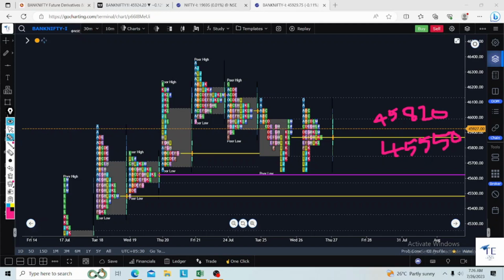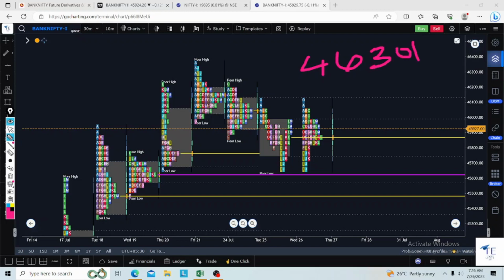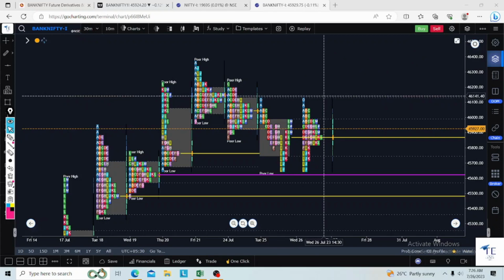Below this PPOC level, these are demand zones. The supply zone is 46,095, and the second supply zone is 46,301. So plan your trade setup.